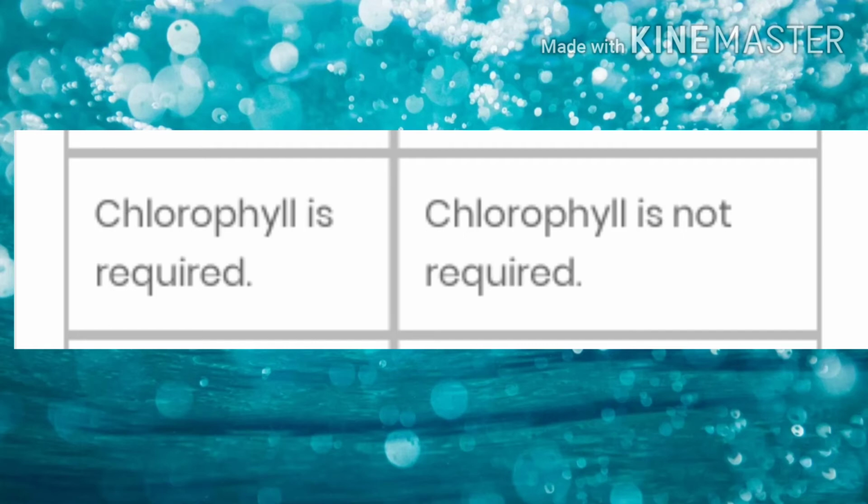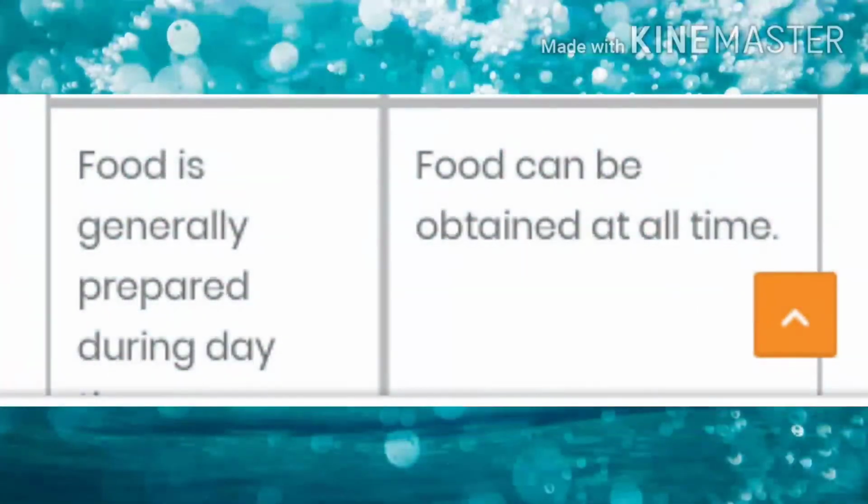So chlorophyll is not required in heterotrophs. In the case of autotrophs, food is generally prepared during daytime because they need sunlight for the preparation of food in their leaves.